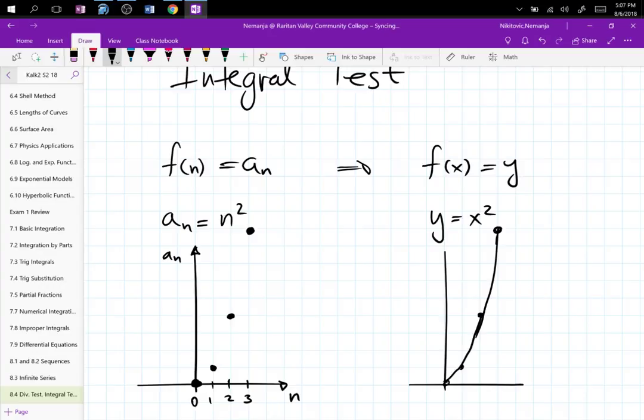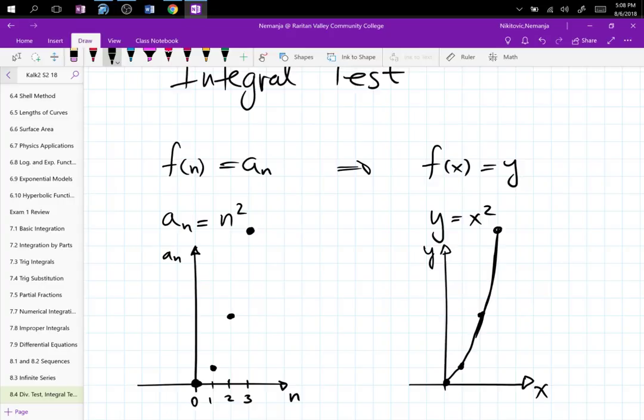So the difference between the two is clearly the space in between the dots. On your discrete side, which is what we are dealing with now in chapter 8, we just have these dots. There is no area under the curve because there is no curve. It's just random dots, x and y values, in this case, n and a_n values. You can't integrate that. You can't do anything with it right now.